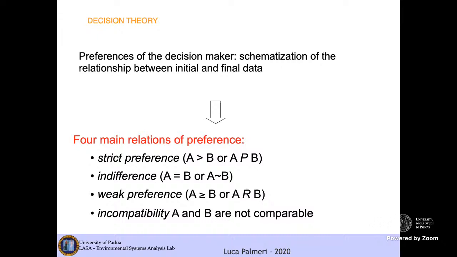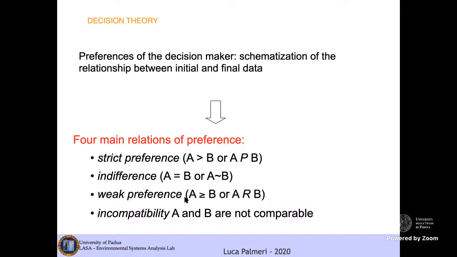It's a very general strict preference, A strictly greater than B, and we may also write A strictly preferred to B. Indifference, A equivalent to B, may be written by using a tilde.